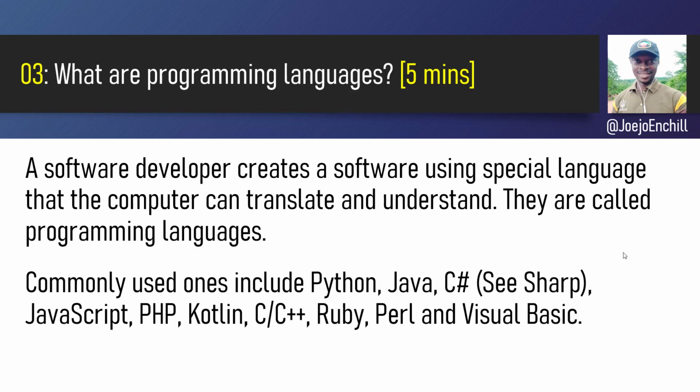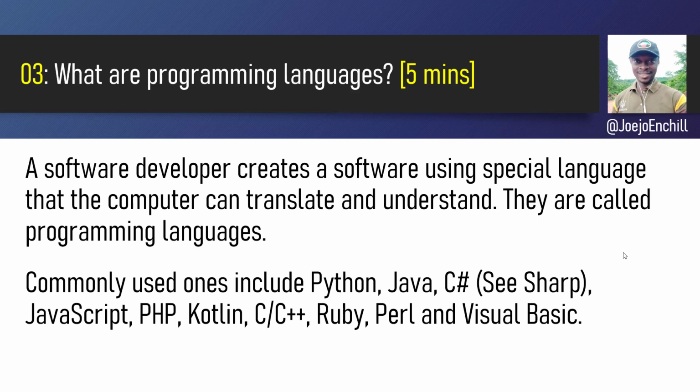Now, there are a number of programming languages in the system. However, the commonly used ones for almost multi-purpose programming include Python, Java, C Sharp, JavaScript, PHP, Kotlin, C, C++, Ruby, Perl, and Visual Basic.